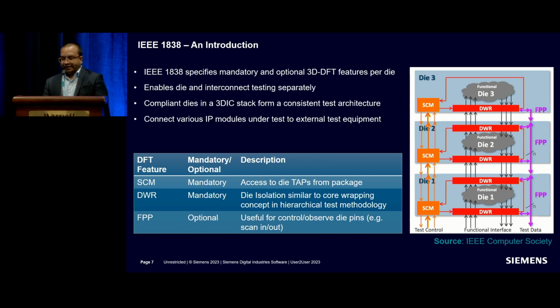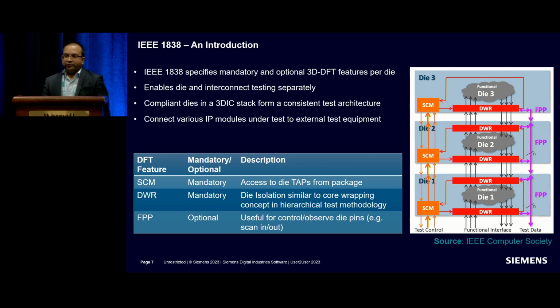It basically allows one to access each die from a package level, whether it's the tap controller or the scan network, and it provides a consistent infrastructure, so we can plug in multiple dies from various vendors.